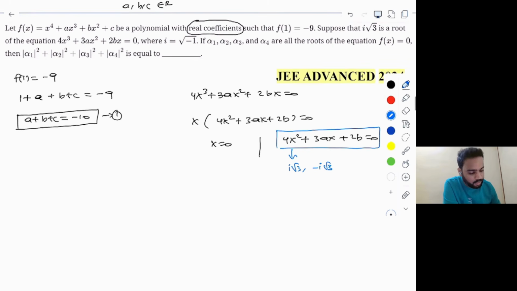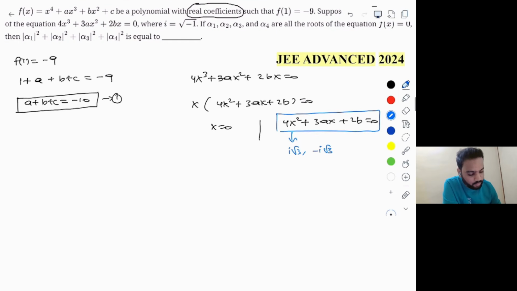So let's apply the sum of the roots and the product of the roots of this one. The sum of the roots will be i root 3 minus i root 3 is equal to minus 3a divided by 4. And we get a is equal to 0. Similarly, if you apply the product of roots, that is i root 3 multiplied by minus i root 3 is equal to c by a, that is 2b divided by 4.